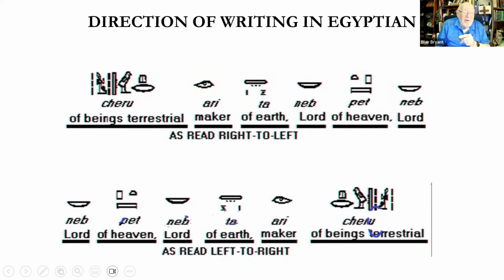And that's what the Nephites used. They used those characters in the same direction. But we have to read it from right to left because this says that. You read toward the characters' faces.